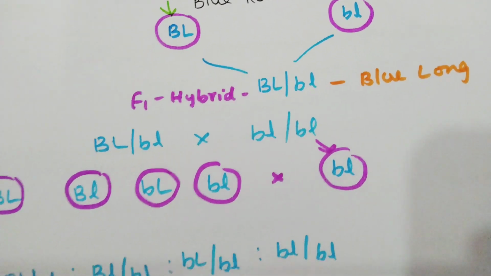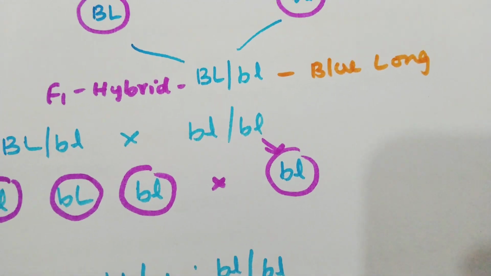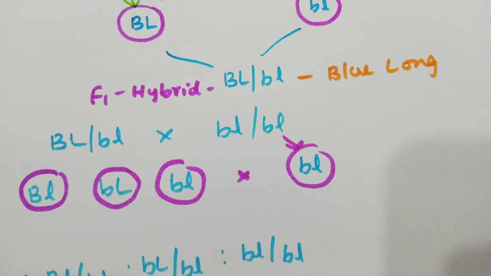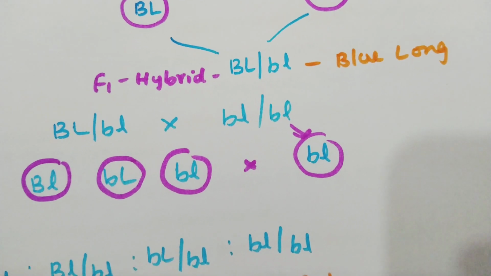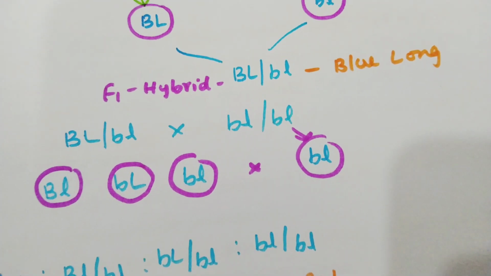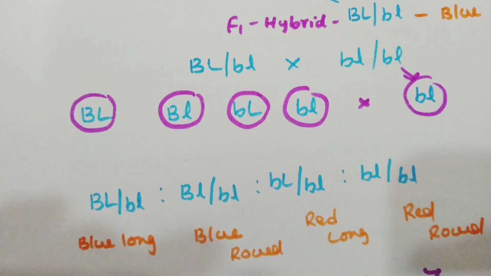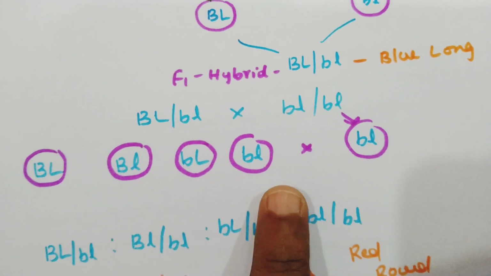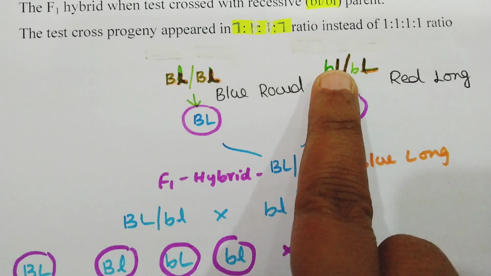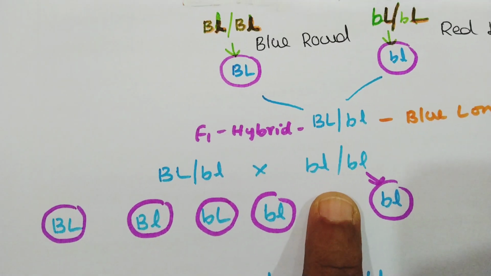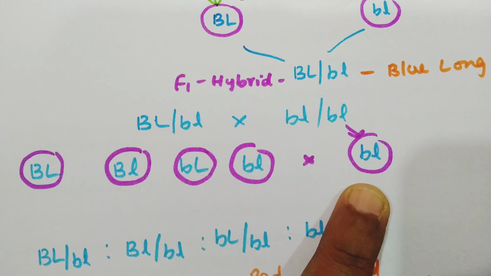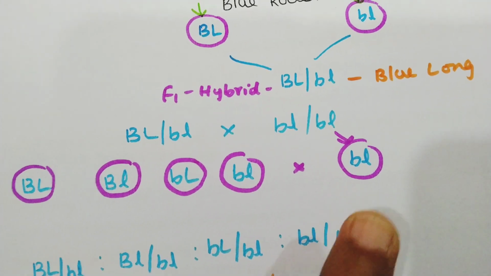As usual, the dominant character will come in the F1 hybrid. We get blue flowers, long pollen. This gives rise to four types of gametes, and it is back crossed with the recessive parent, small b small l, which gives only one type of gamete.